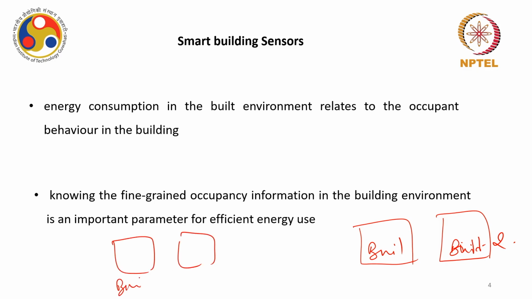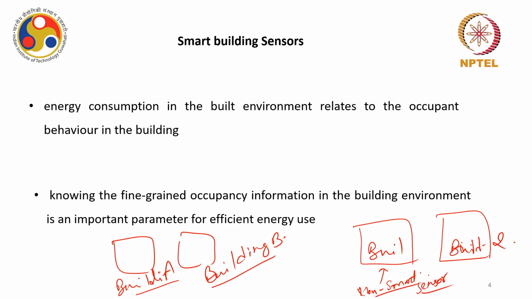Say building A and another building B. Now I am calling building 1 a normal building. It is not a smart building. I am calling it a non-smart building. Although we should not use this kind of terminology, for the time being let's call it a non-smart building.